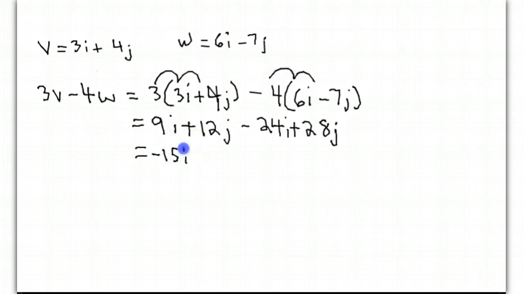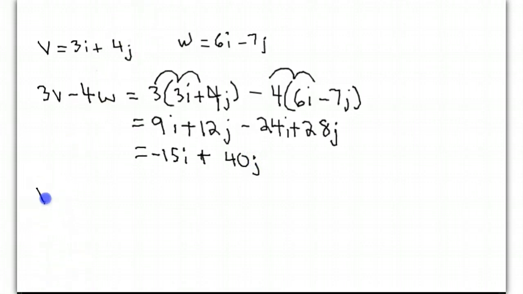Okay, and then when you look at the j's, you got a 12j, it's positive, and then you also have a 28j that's positive. So they're both positive, so that means you're going to be adding 12 plus 28, which is going to give you a 40j. So when you calculate 3v minus 4w, you come out with a negative 15i plus 40j.